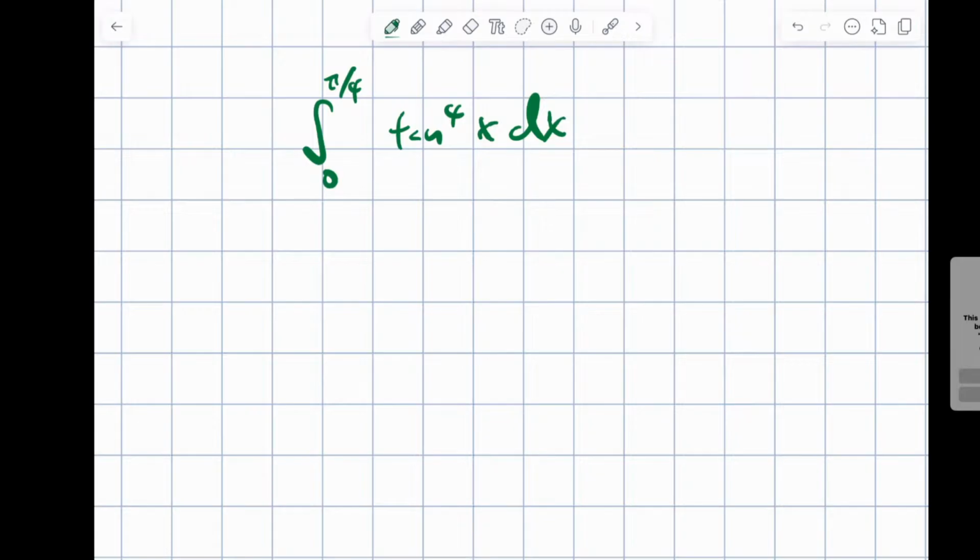Get to work. Okay, you guys are done or no? No. Any ideas how to do it?